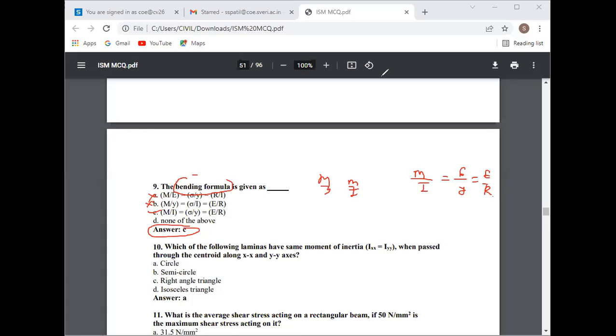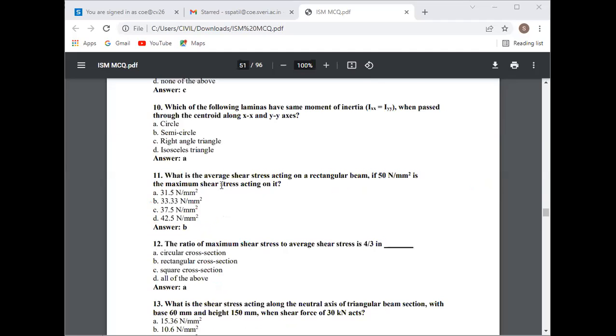After that, next we will see what is the average shear stress acting on a rectangular beam. Here average shear stress calculation is asked. Okay, so tau average. If 50 Newton per mm square is the maximum shear stress, so tau max is equal to 50.